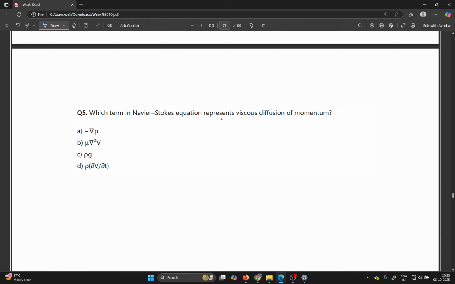Which term in Navier-Stokes equation represents the viscous diffusion of the momentum? Viscous diffusion of the momentum. So similarly again, just think on that. Del rho by del t plus v vector.